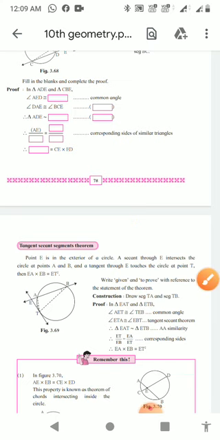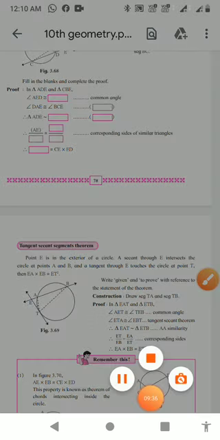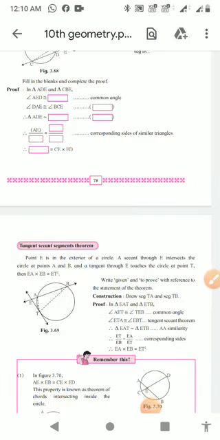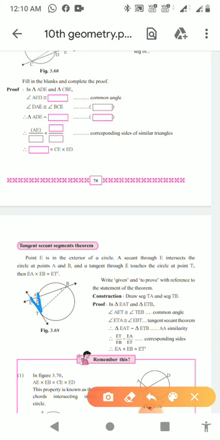Therefore these 2 angles are congruent by the common angle property. Then we will see another 2 angles, angle ETA is congruent with angle EBT.